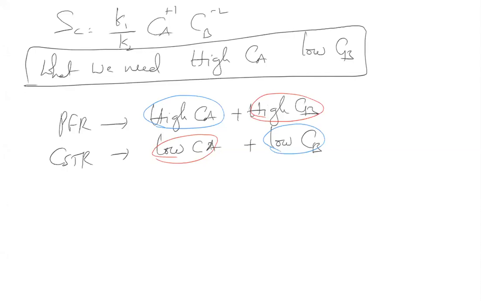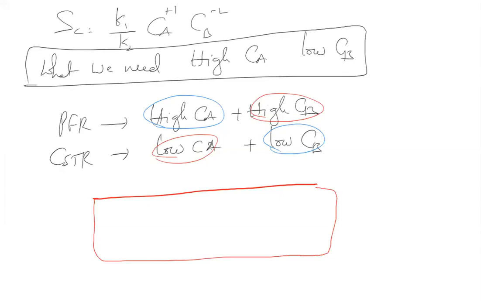So what is your thought process? Now what I will do is take a PFR something like this. I will send A in like this. Suppose I have 100 moles of A, I send it as it is.